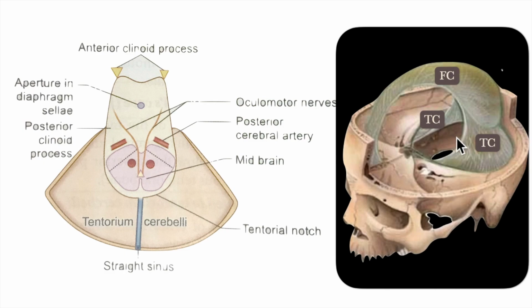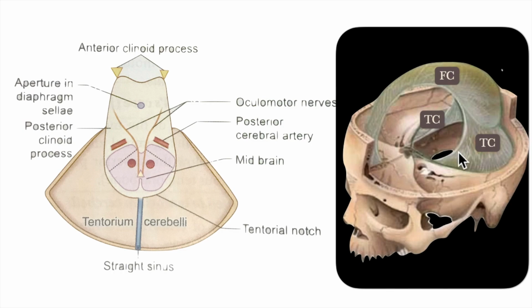Through this tentorial notch only, the things present in the supratentorial compartment communicate with the infratentorial compartment, and the subarachnoid space between the supratentorial and infratentorial compartments is narrow in this area. When this narrow subarachnoid space is obstructed, it leads to a condition, that is hydrocephalus.